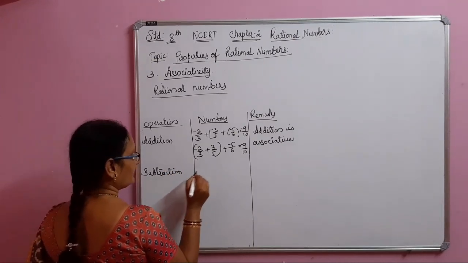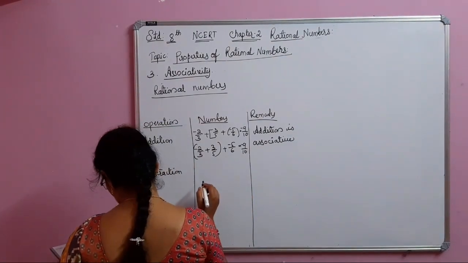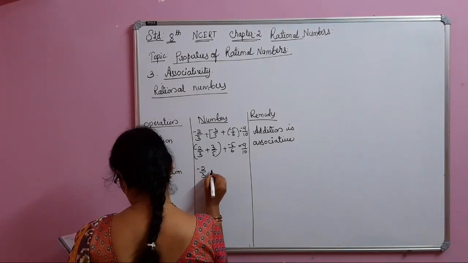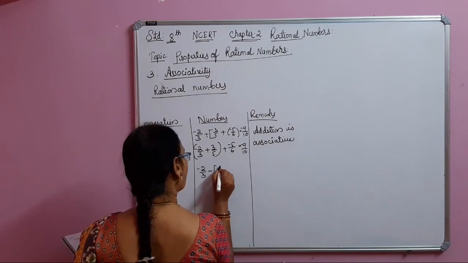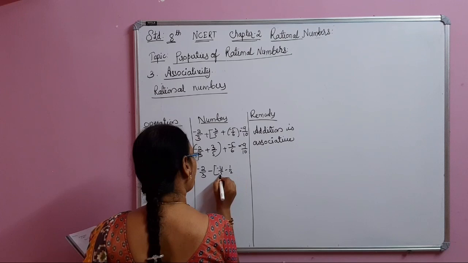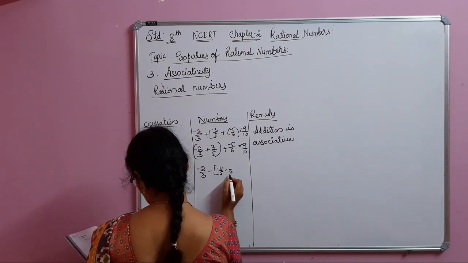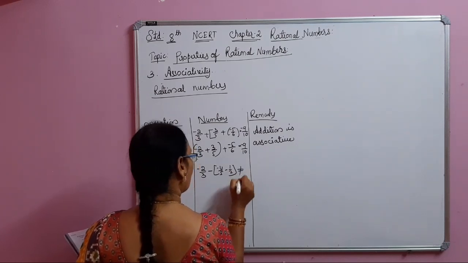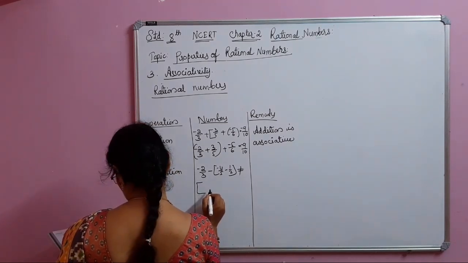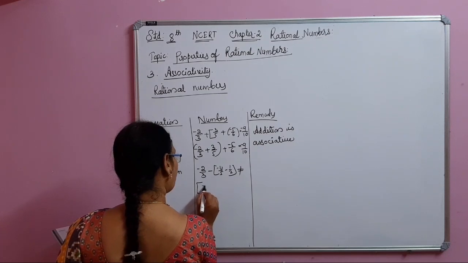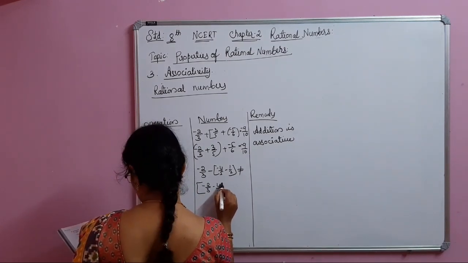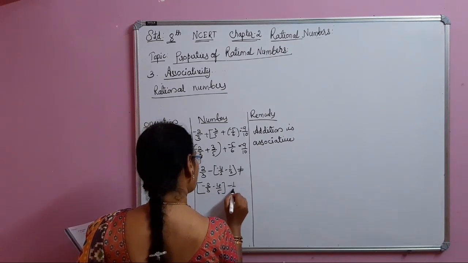Subtraction. Here for the subtraction we will take minus 2 by 3 minus 4 by 5 minus 1 by 2 is not equal to minus 2 by 3 minus 4 by 5 minus 1 by 2, grouped differently.